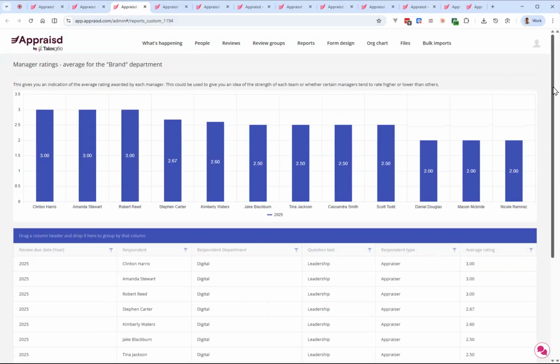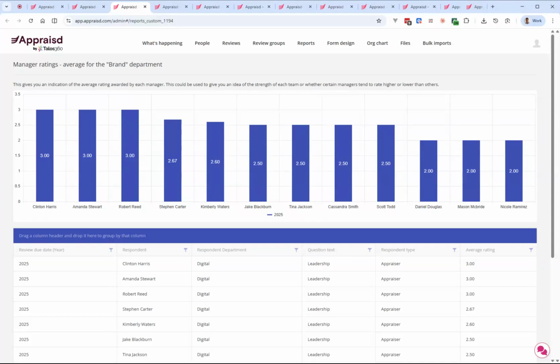Moving on, what we're looking at here is by manager. And what we can see along the bottom there is the names of the different managers and the average rating that they've given. So if we compare the far left and the far right, we've got Clinton here, who gives on average a rating of 3, and then Nicole gives on average a rating of 2.